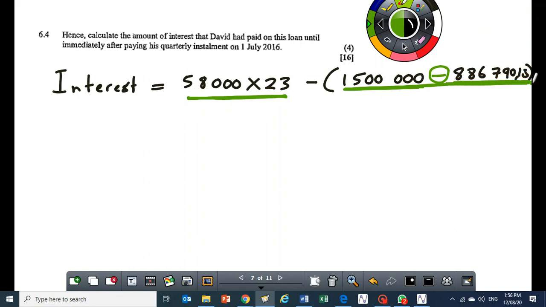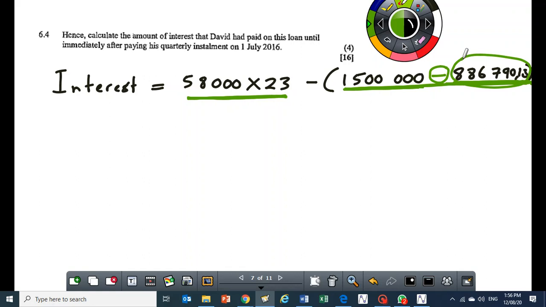Remember, this amount here is not up to the end of the amortization of the loan, but it is a balance outstanding after a specific period of time before the full duration of the loan.